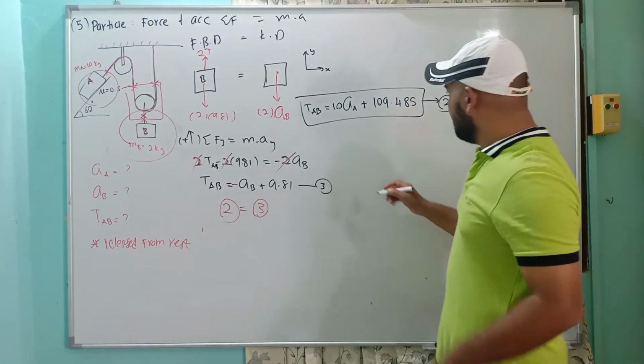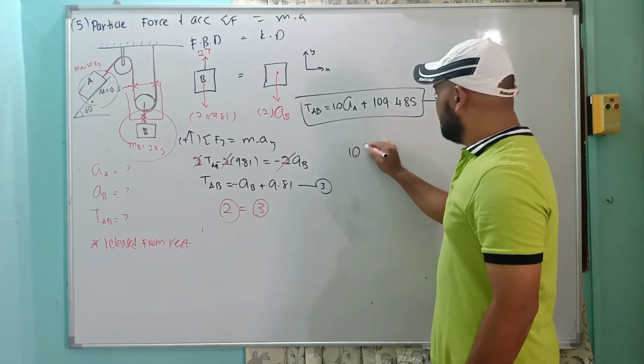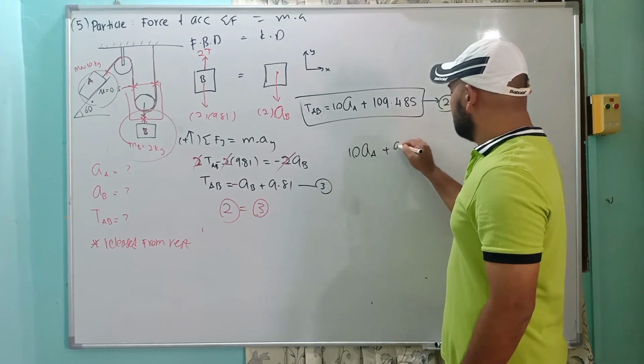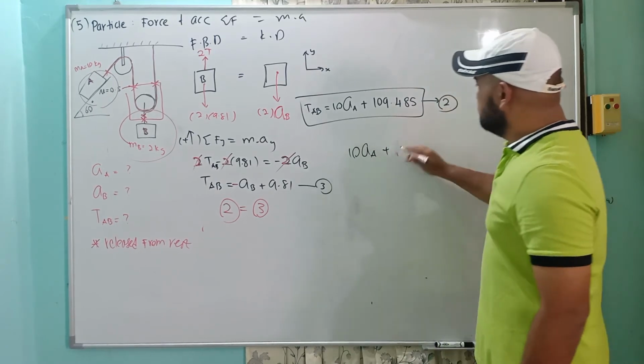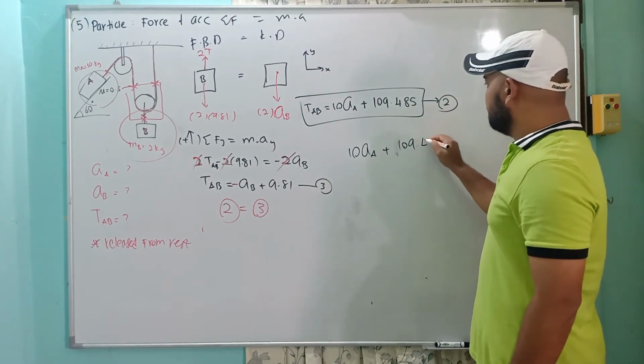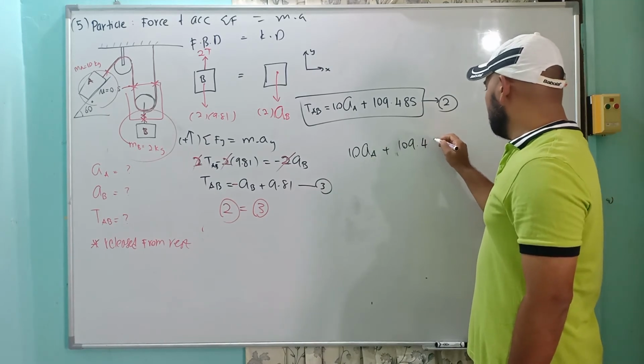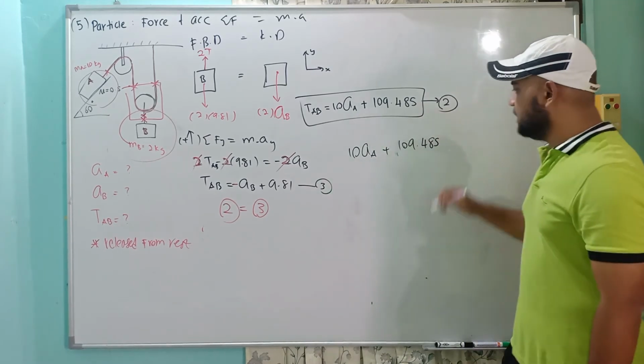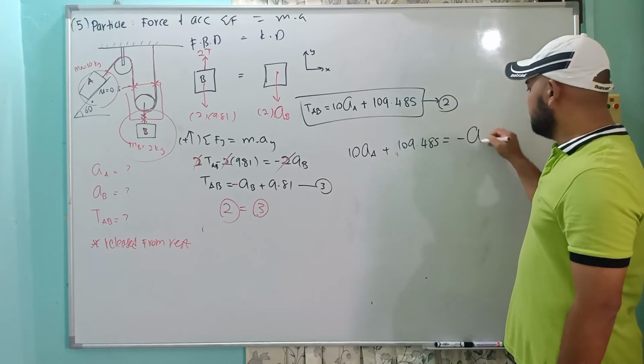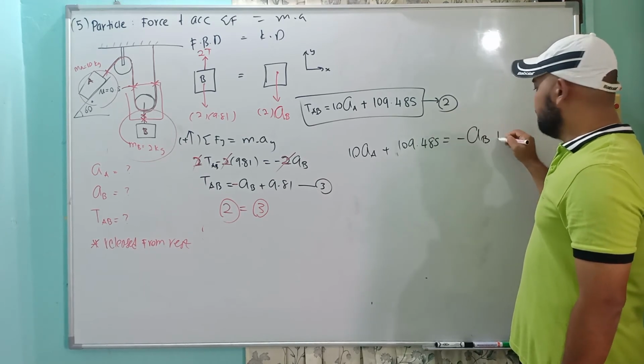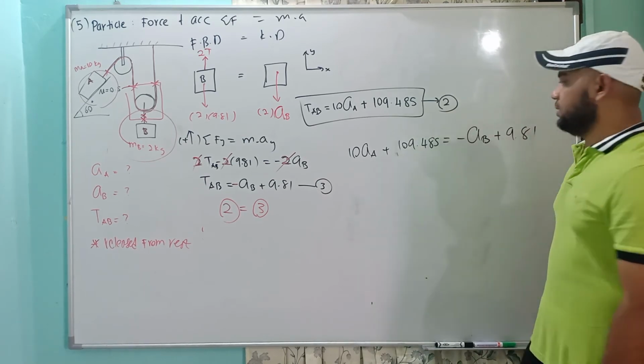So from here I have 10 AA plus 109.485 equal to minus AB plus 9.81.